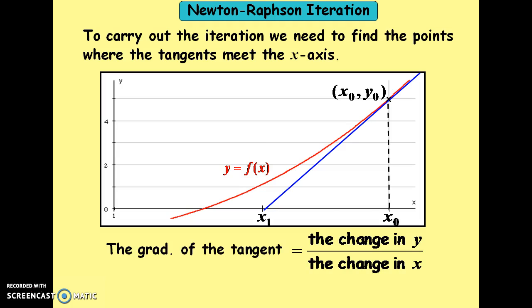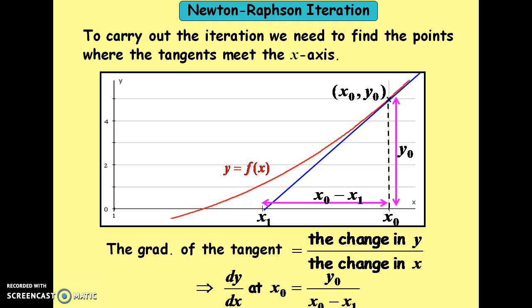Now here is the derivation. The gradient of the tangent at x naught is the change in y by the change in x. The distance along the y-axis is y naught, and the distance along the x-axis is x naught minus x1.